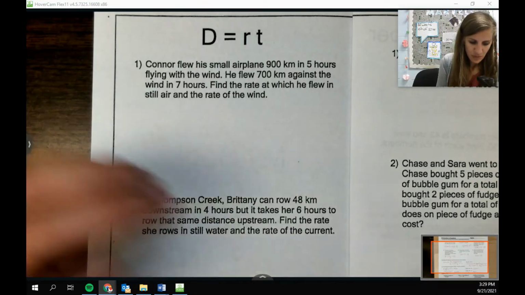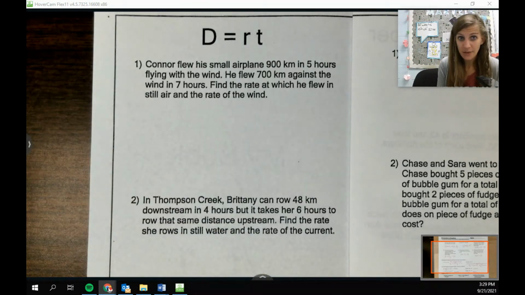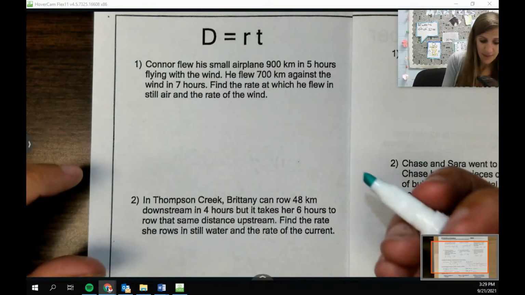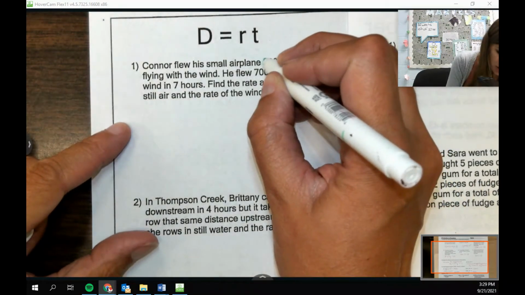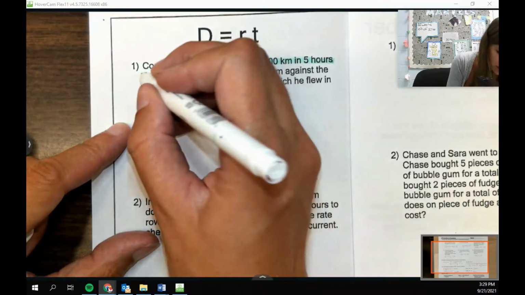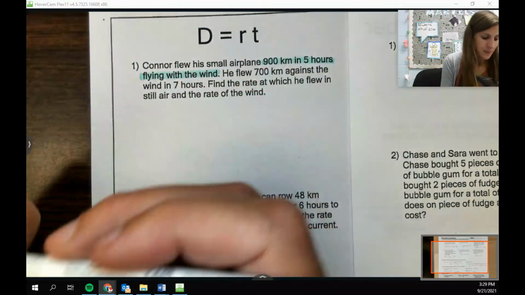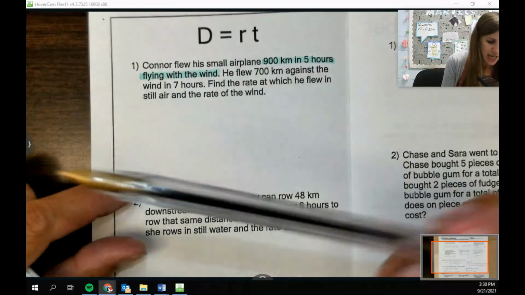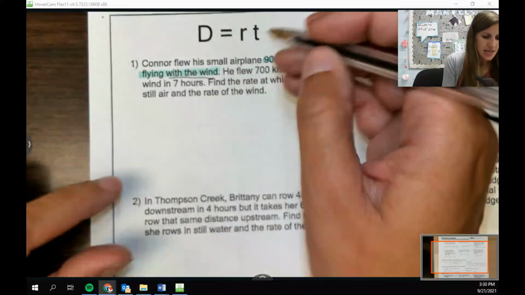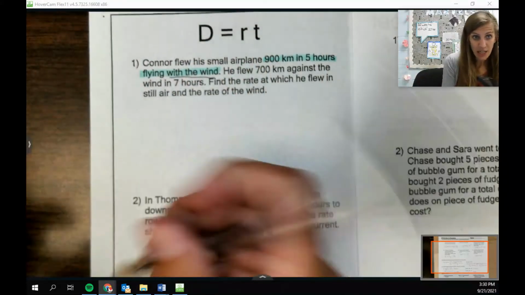So we kind of have two different distance equals rate times time things. One of which is when I went 900 kilometers in 5 hours with the wind. It is so key to understand that with the wind is going to affect my speed.